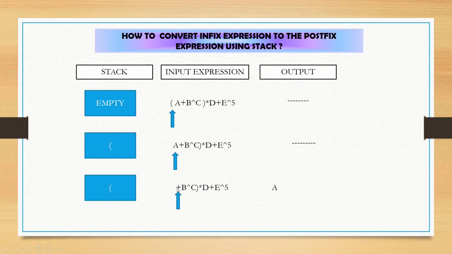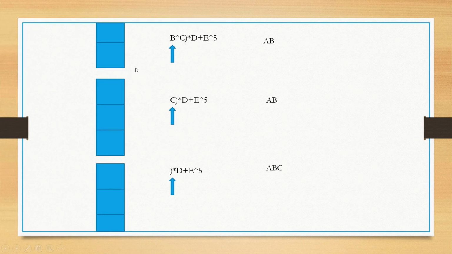Next, plus is an operator, so we push plus to the stack and check the next token. B is an operand, so we append B to the output, and the plus and parenthesis remain the same. Again we check power.